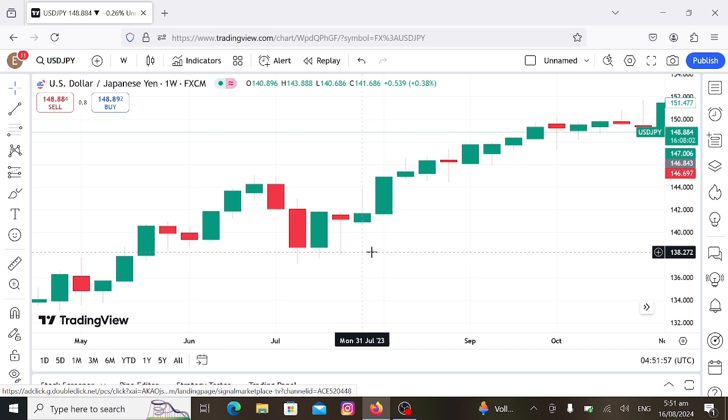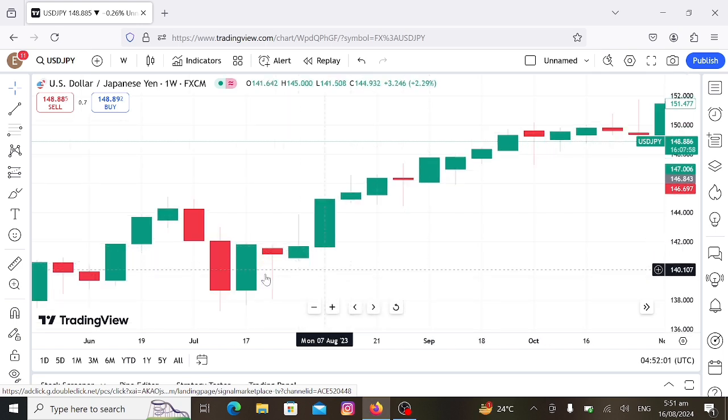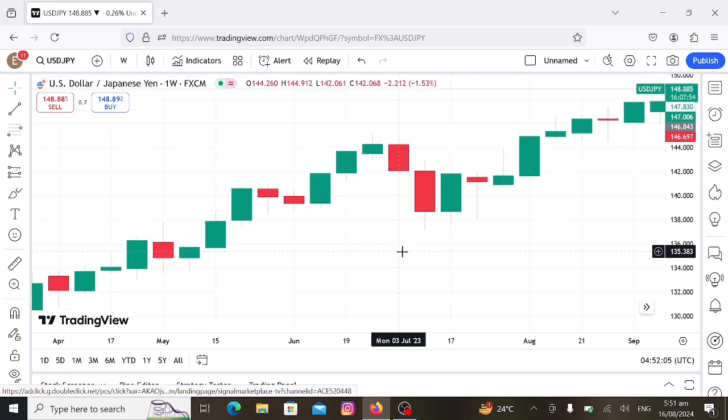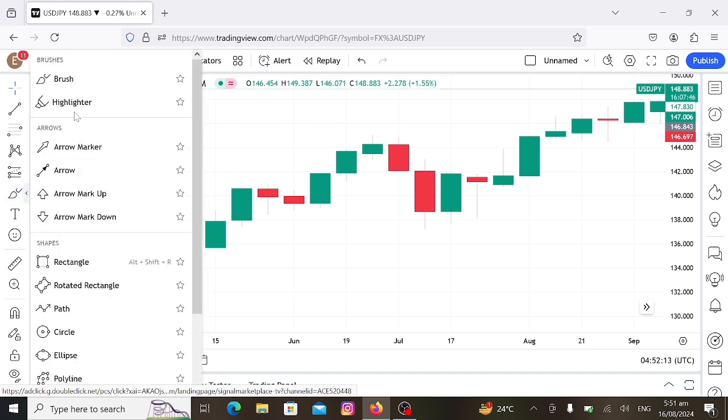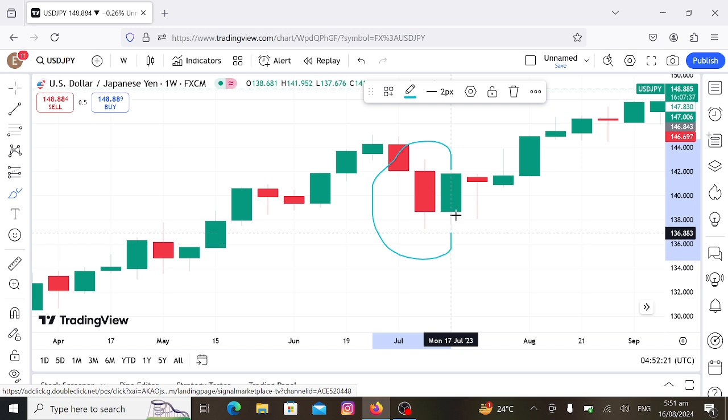Let me use this one to illustrate the candlesticks. Here we have the body.